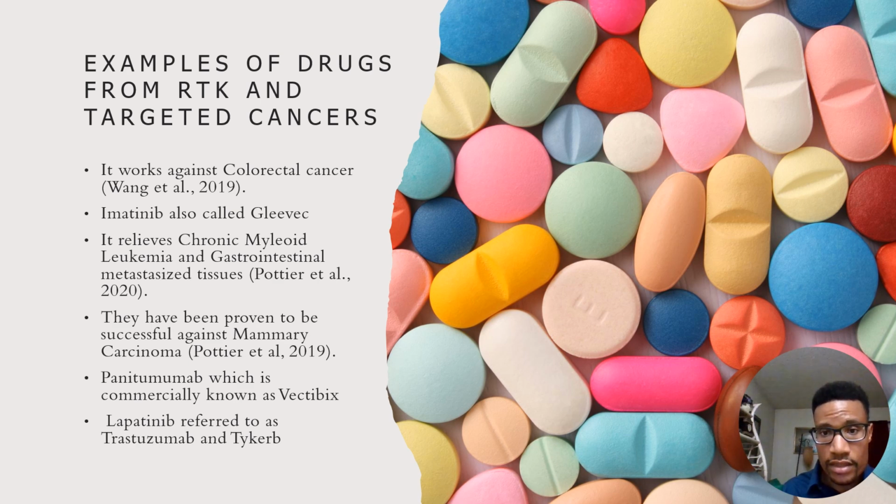In CML cells, one tyrosine kinase enzyme, the BCR-ABL, is always on. The imatinib blocks this BCR-ABL enzyme. As a result, these cells stop dividing. Because the BCR-ABL tyrosine kinase enzyme exists only in cancer cells and not healthy cells, imatinib works as a form of targeted therapy. For example, only cancer cells are killed.